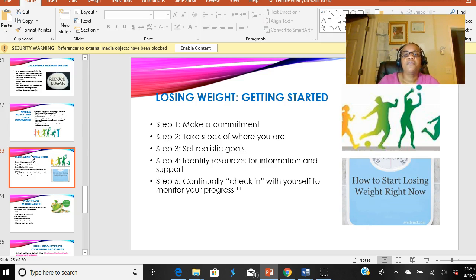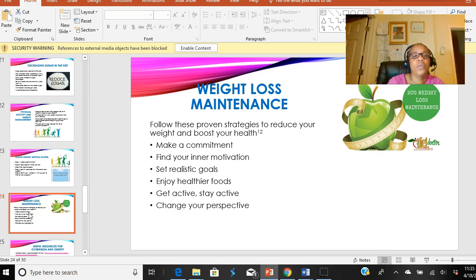Identify resources for information and support. And continually check in with yourself to monitor your progress, as said by the reference. These are very important. Weight loss maintenance. Follow these proven strategies to reduce your weight and boost your health. Make a commitment. Find your inner motivation.